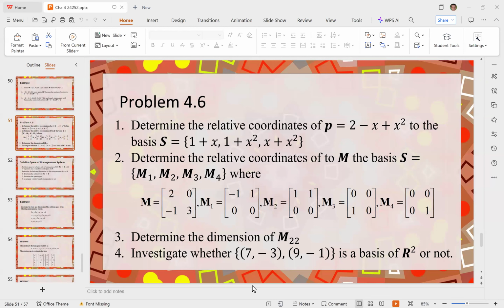And the matrix is 2, 0, minus 1, 3, minus 1, minus 1, 0, 0, 1, 1, 0, 0, 0, 0, 0, 0, 1, 1, 0, 0, 0, 0, 0, 1. Then the others will be 3 minus 3, 7 minus 3, and 9 minus 1.